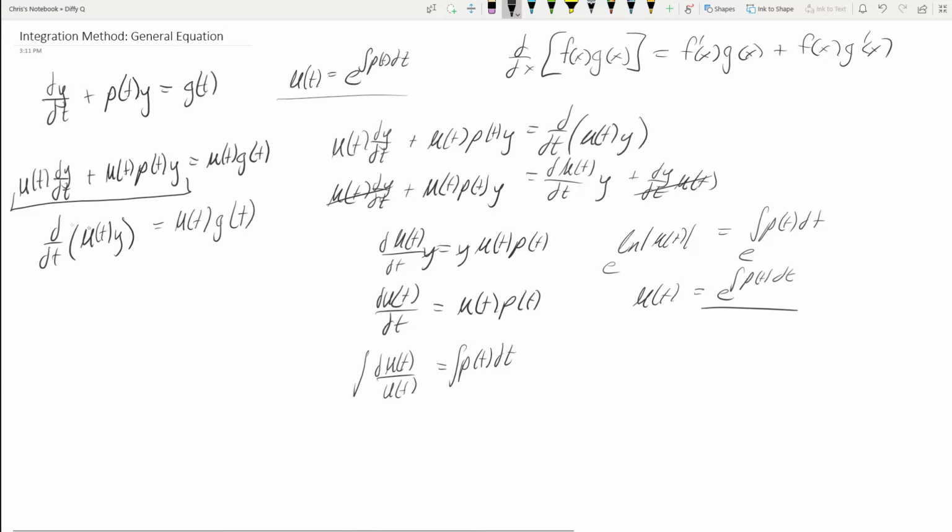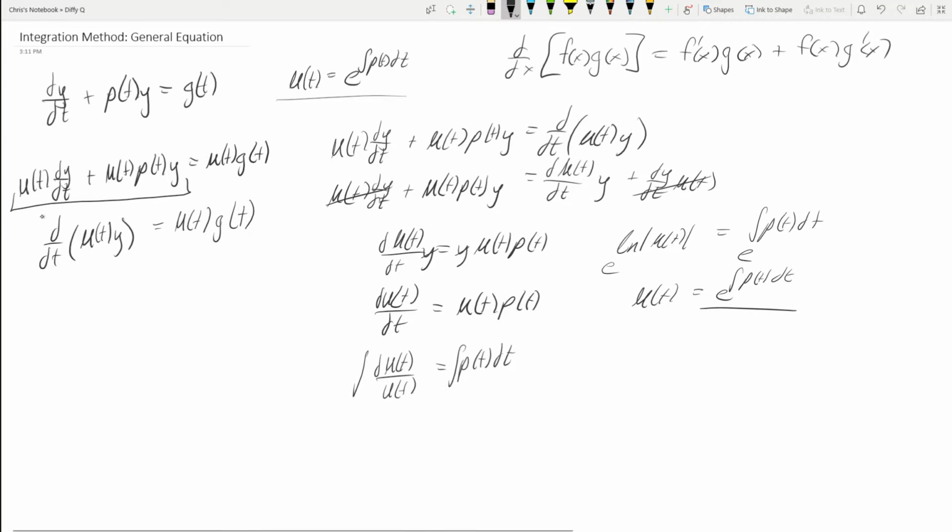That's how we prove that the derivative of mu(t) times y is equal to this when we follow what mu(t) is equal to. So then the next step in the integration method is we're going to take the integral of both sides with respect to t.